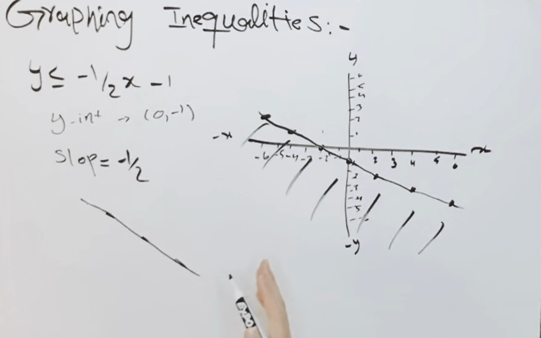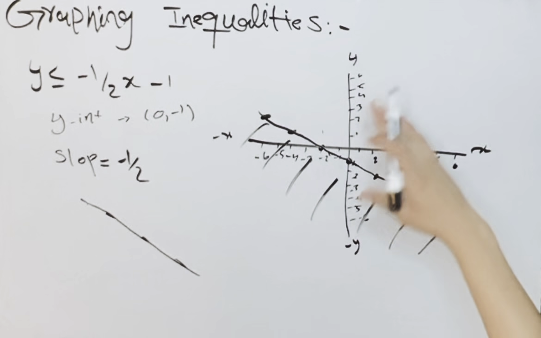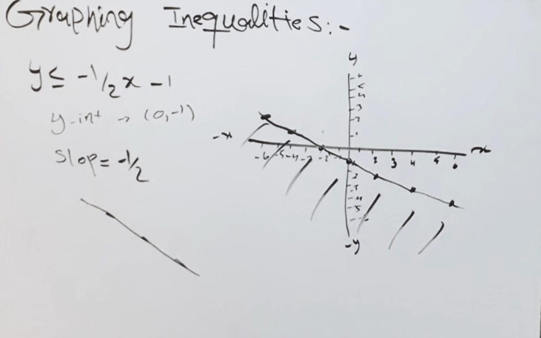Again, if it was bigger than or equal to, we would have shaded in that side, because bigger means that the y values are more than the whole equation, so the y values would have been that way. But since this is saying that y is less than or equal to this whole thing, we have to shade in the left side of our line.